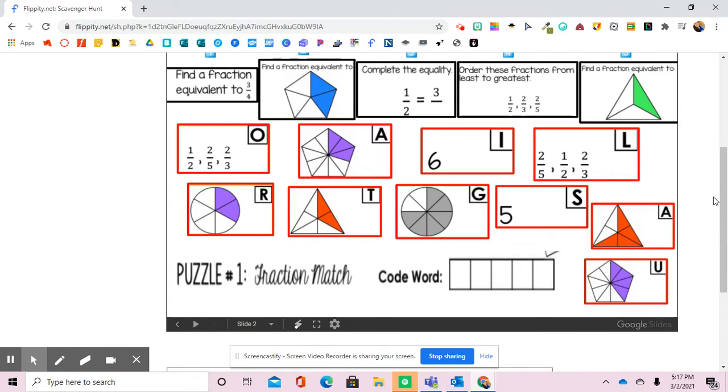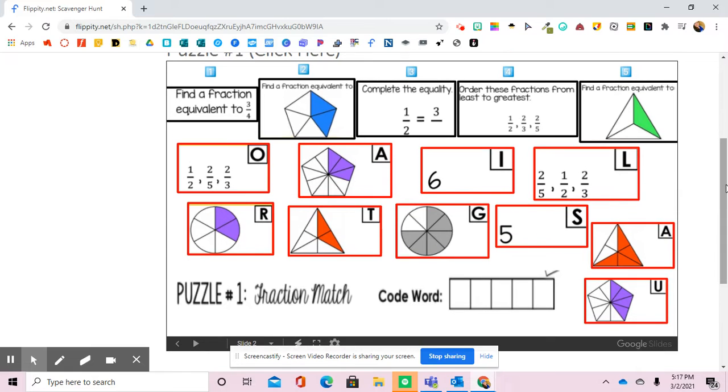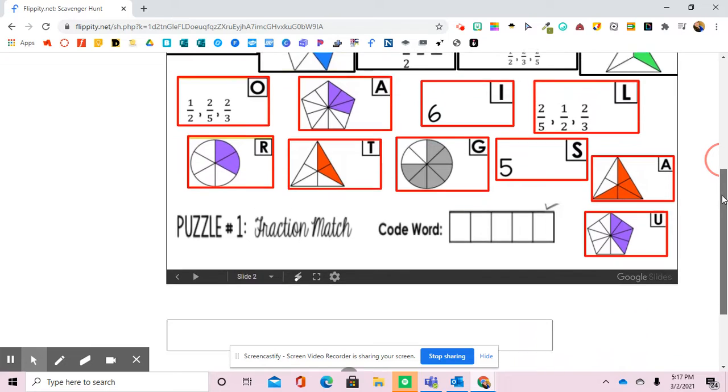For this one, they're trying to find the answer to these 5 questions, and you're going to put the letters that your answers are found on for each one. So find a fraction equivalent to 3/4.